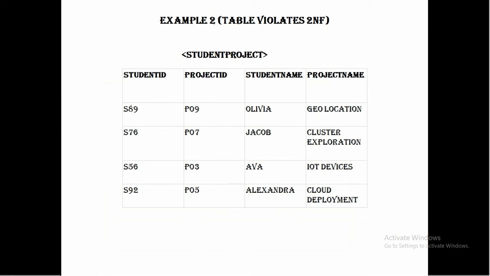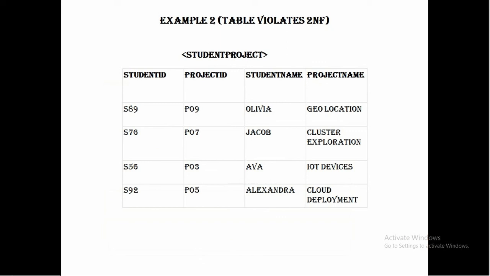Student name can be determined by student ID, which makes the relation partially dependent. Similarly, project name can be determined by project ID, which makes the relation partially dependent. Therefore, the student-project relation violates the second NF in normalization and is considered a bad database design.